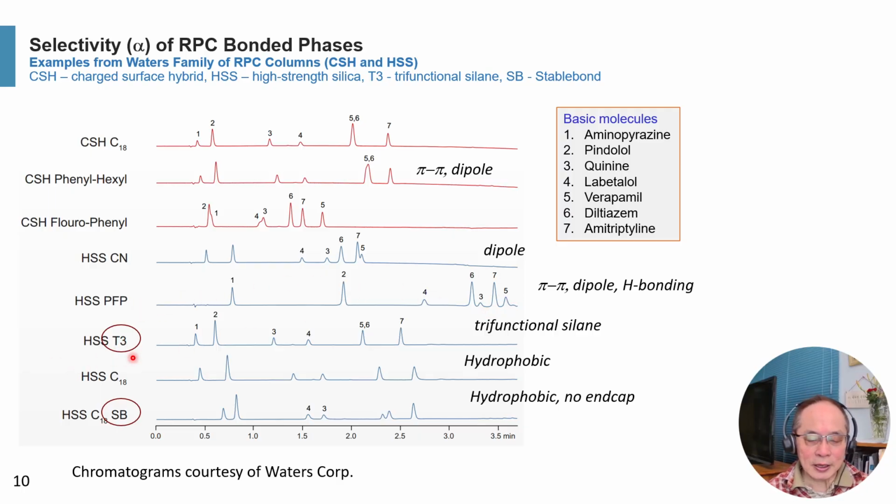T3 actually, in my view, stands for trifunctional silane. Often you see T3; the meaning is trifunctional silane. HSS stands for high strength silica, which is the traditional silica using monofunctional silane. And this is a StableBond-type phase, where there's no end capping in the bonding chemistry.